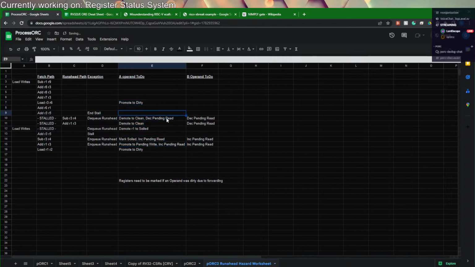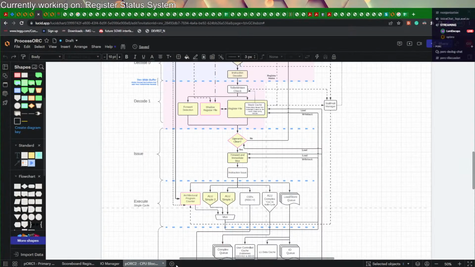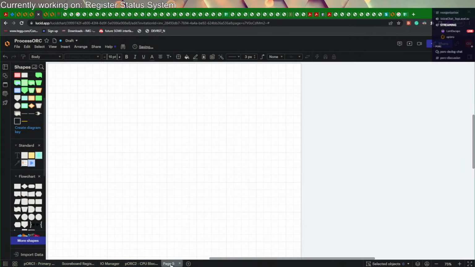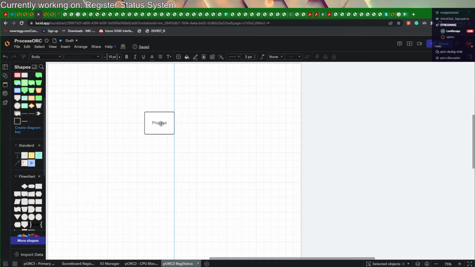Okay, so what I think I need to do, this is my gut instinct right now, is, if we have this, we have a flow chart of states.